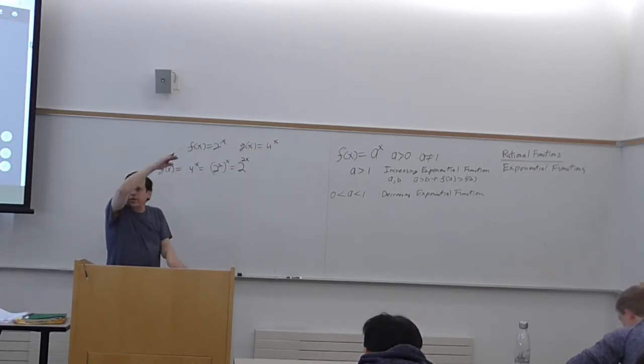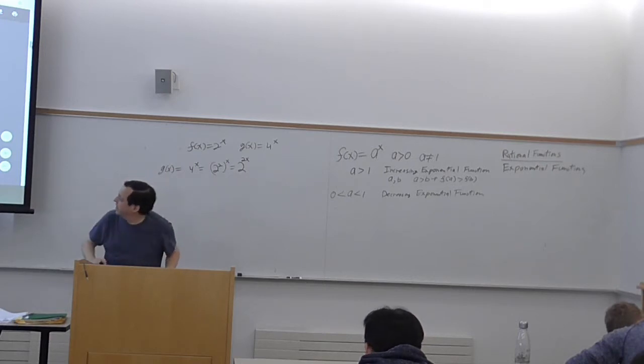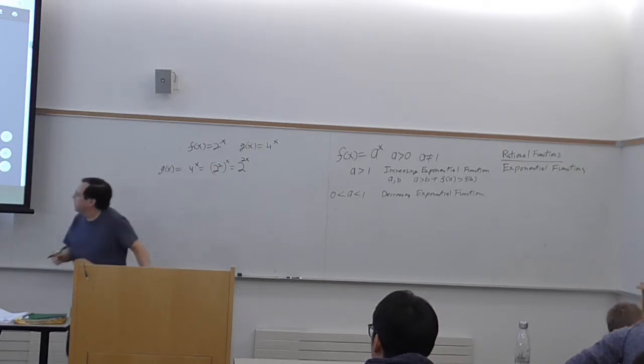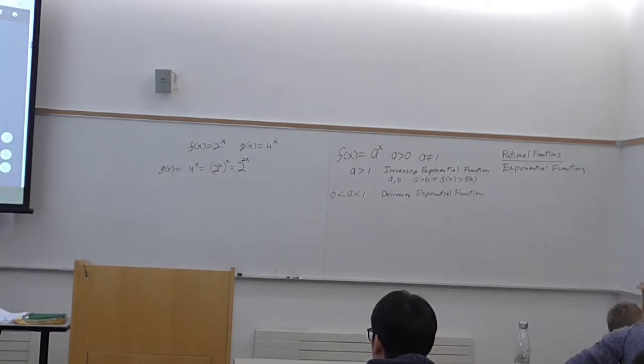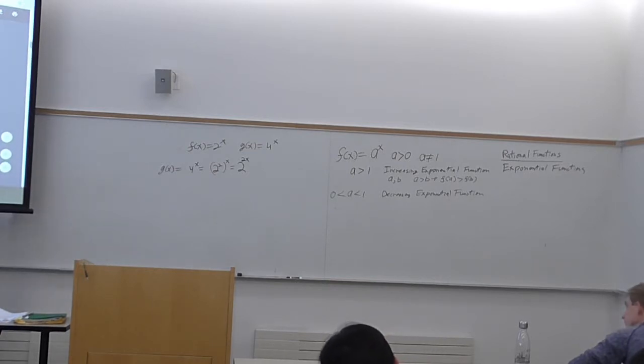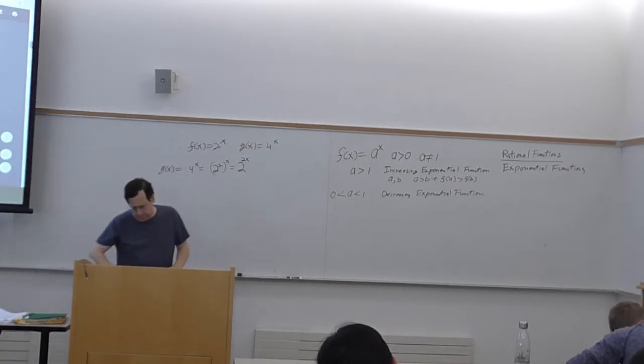In the y direction, it's just a stretch transformation. And if you look at this diagram of both of these functions, you can kind of see that. 4 to the x gets closer to 0 quicker, and it gets larger faster.